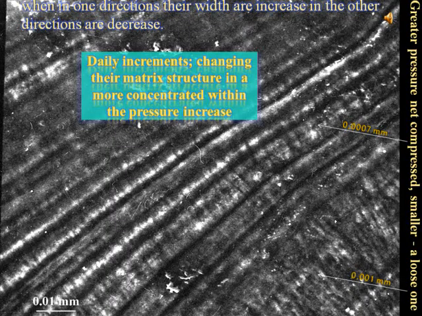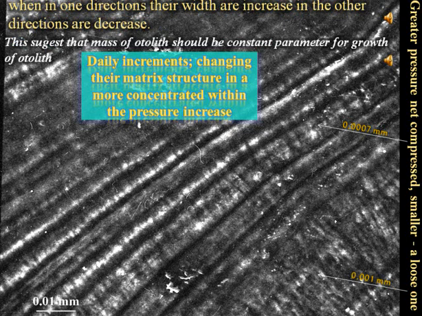When the width increases in one direction, it decreases in the other. This suggests that the mass of the otolith should be a constant parameter for the growth of the otolith.